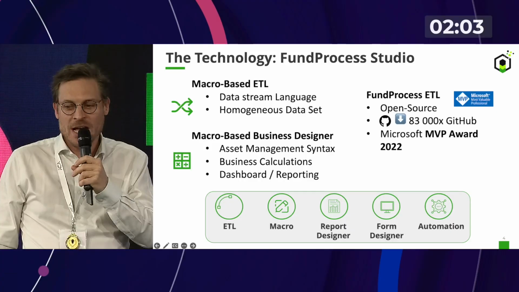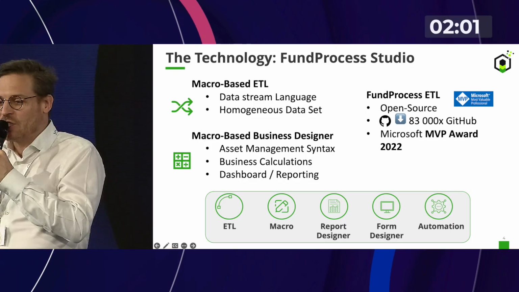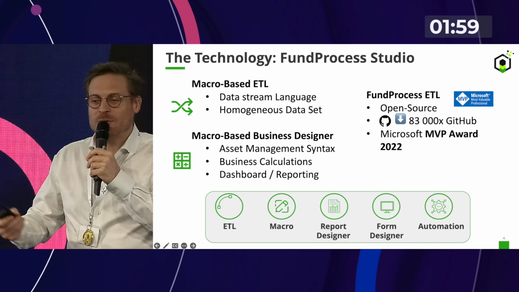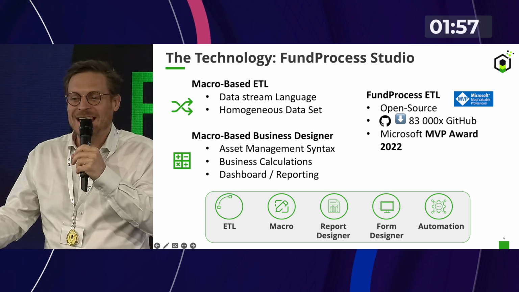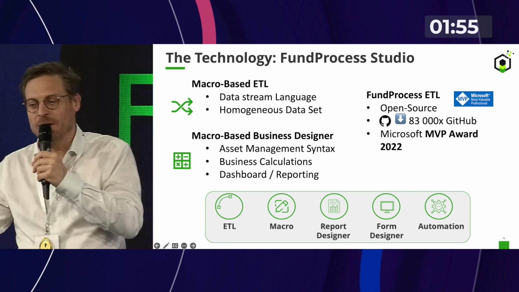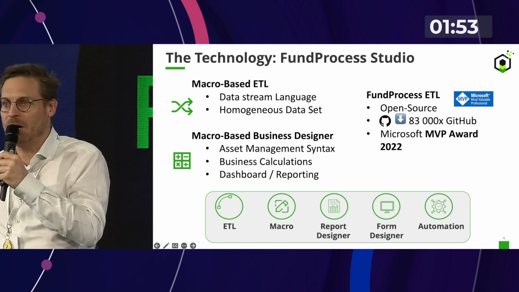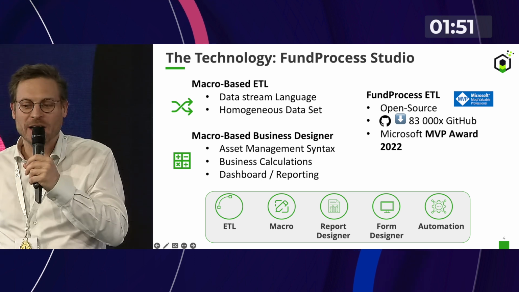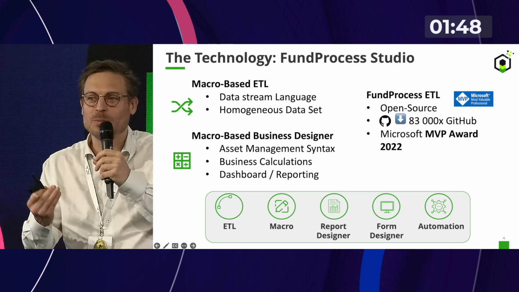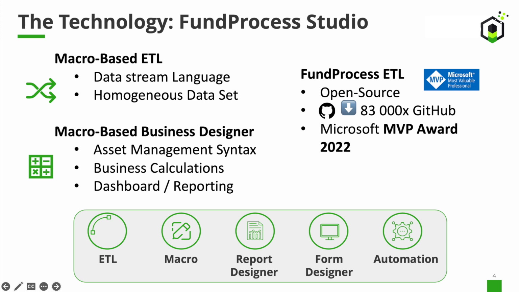A quick word on the technology. With Fundprocess, you have a macro-based ETL and a macro-based business designer. Two terms for people that are less familiar: a macro is a small piece of code directly interpreted by a system and used by financial teams to encode, for example, a formula. ETL means extract, transform, load.